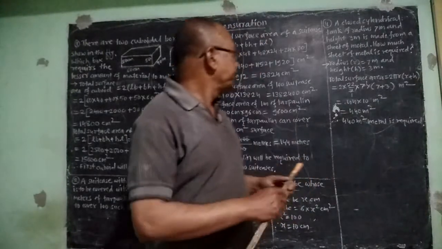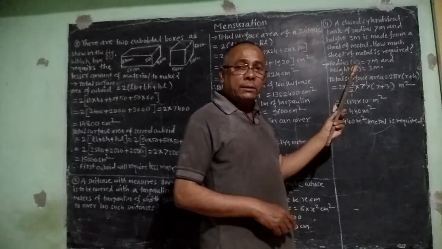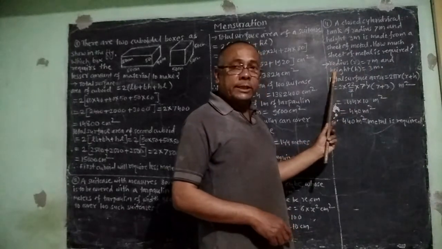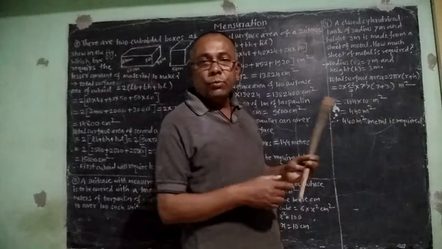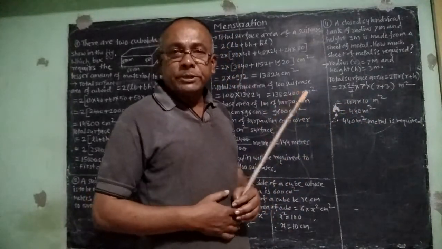So here radius of the cylinder r is equal to 7 meter and height of the cylinder h is equal to 3 meter, it is given.